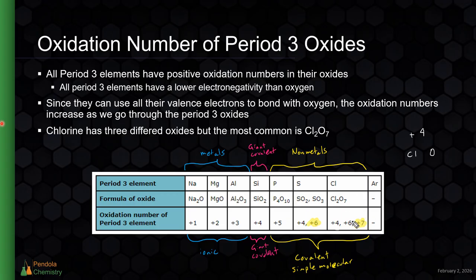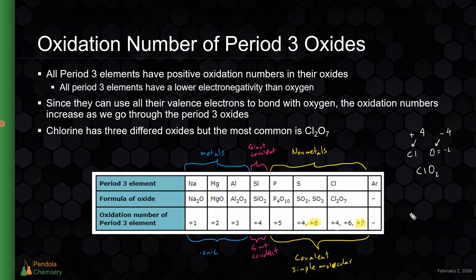These are chlorine oxides. So what you have to realize is that if the chlorine is +4, then the oxygens have to equal -4. Since we know each oxygen is -2, that means we have 2 oxygens to balance the +4, and then 1 chlorine. So that's going to be ClO2, a +4 chlorine.